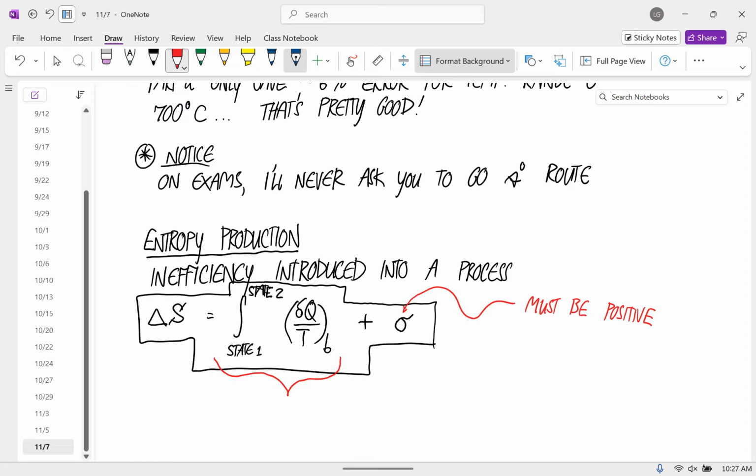This integral in the definition of entropy is for an internally reversible process, like a perfect process. In this case, we're talking about the actual process, not an ideal process.